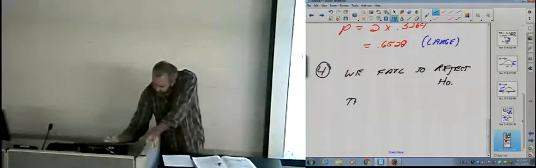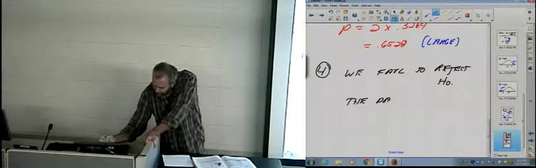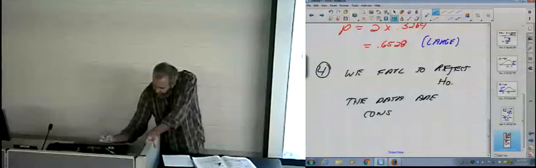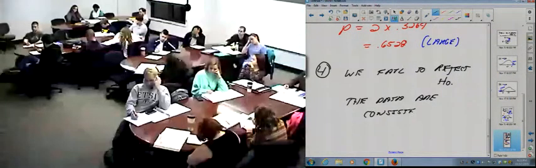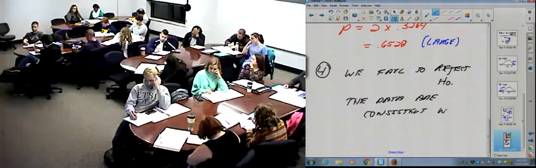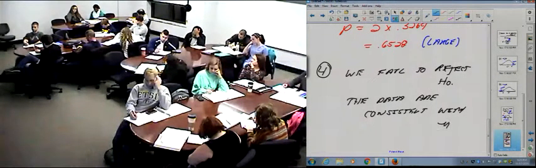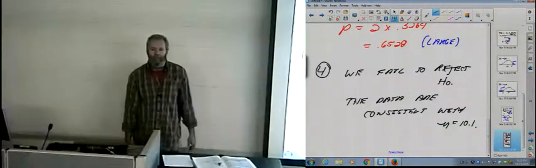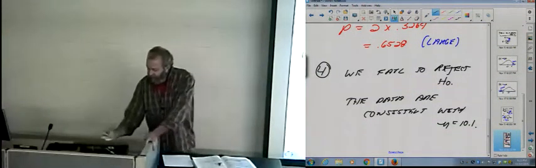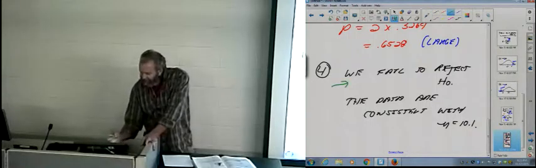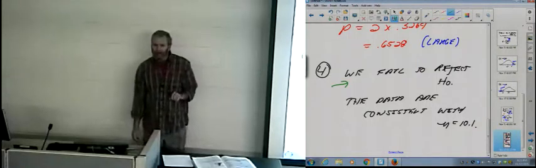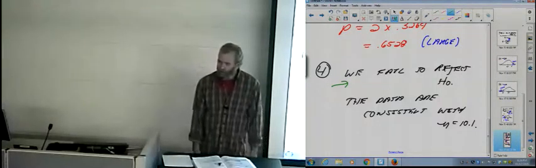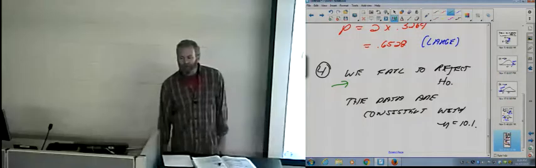The data are consistent with mu equals 10.1. Look, I'm trying to give you like a standard statement. And when I say a standard statement, that's my standard statement. Oh, no. I don't want to get rid of the null in favor of the alternative. That's a gigantic p-value. The data are consistent with mu being 10.1.